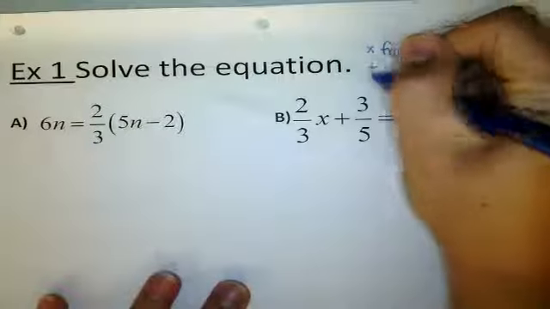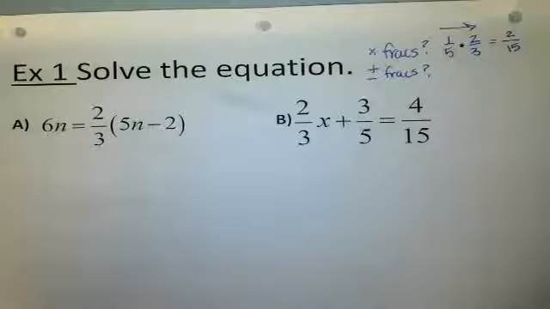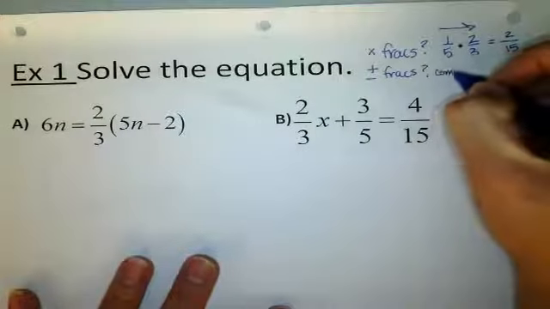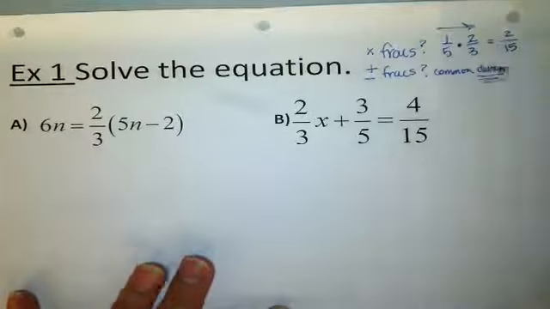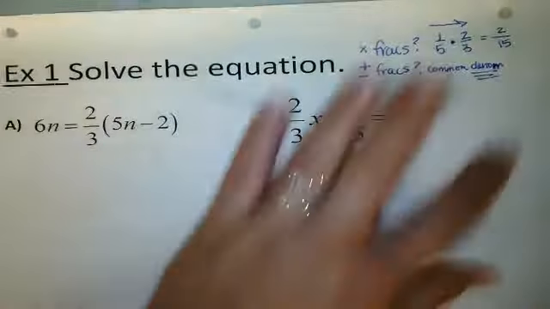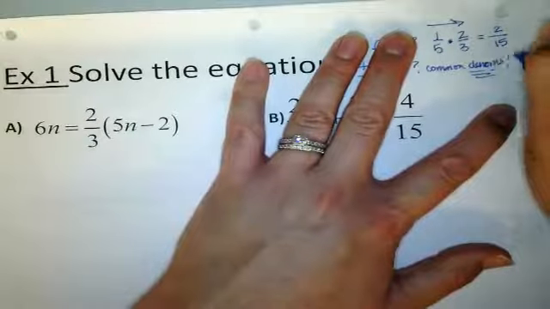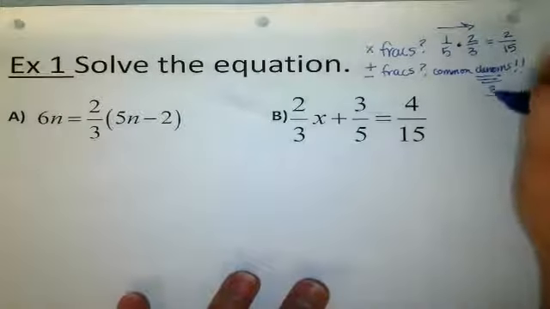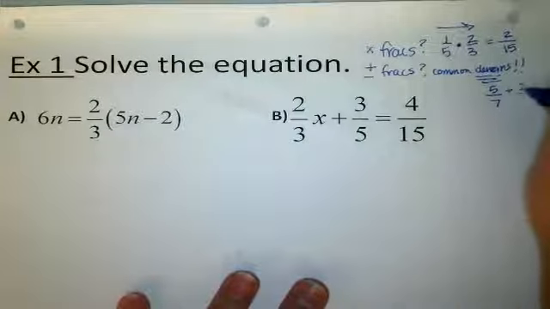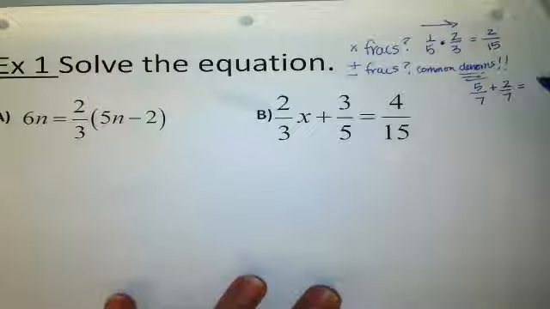What about adding or subtracting fractions? What do you need? Common denominators. That's really important, and that's where most people get screwed up. You need common denominators. If you have common denominators, like 5/7 plus 2/7, that is 7/7, which is equal to 1.